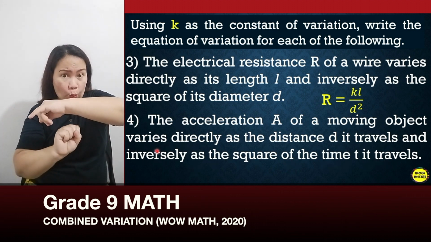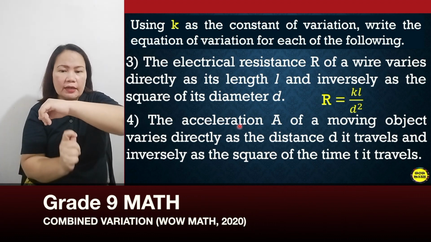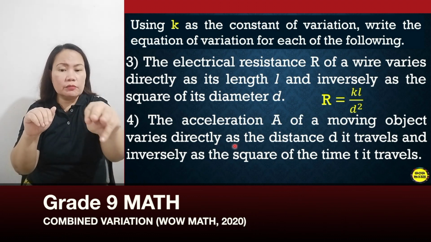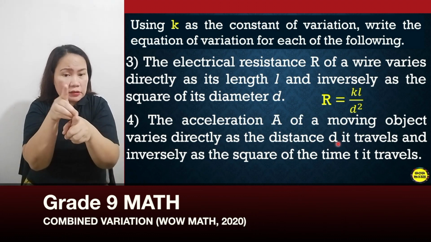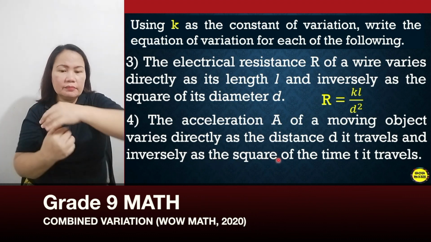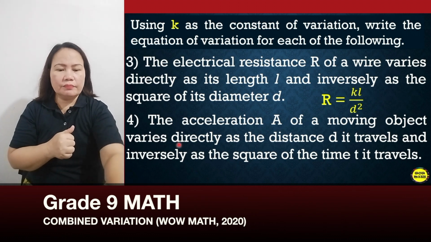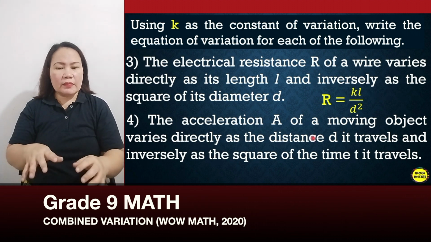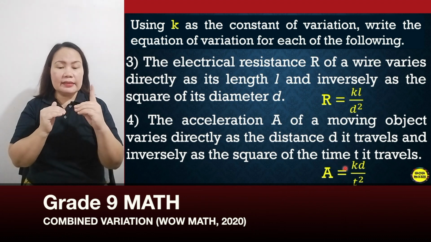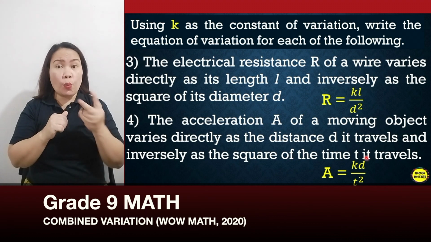At the start, that is directly as the distance d. So that is A is equal to KD over T squared, because it is the square of the time.